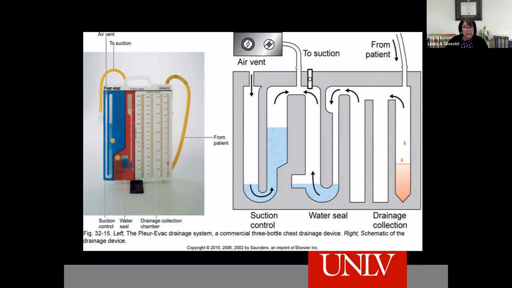But if there are no kinks, nothing is cut off, the patient's doing fine, not having any trouble breathing, and it's been 2 or 3 days post-op, then the likely reason the fluctuation has stopped is the lung has healed up.